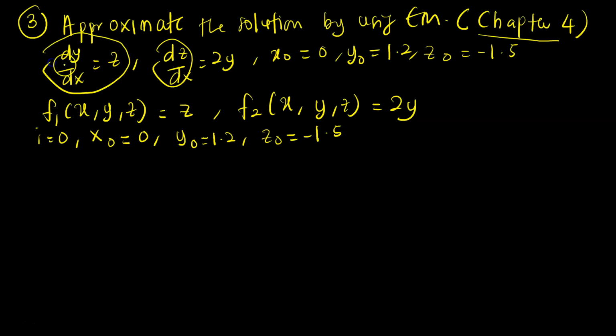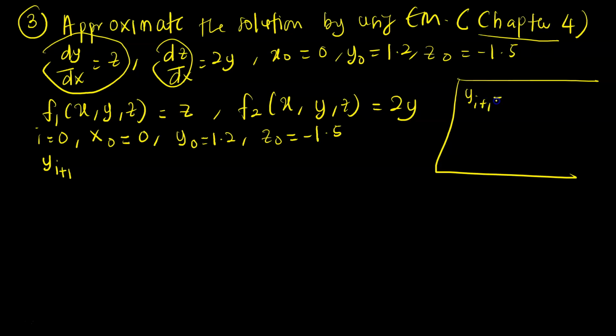So class, we need to solve this one to find the next values. The first one, we base on the first equation, f1. That is, when we solve for x1, we want to find y(i+1). I write the formula of Euler method here. y(i+1) equals yi plus h f1(xi, yi, zi).